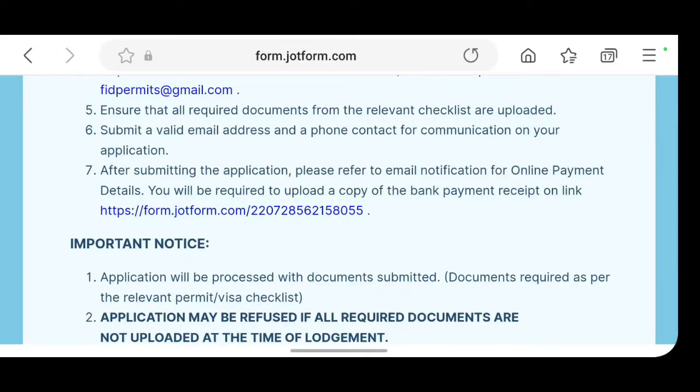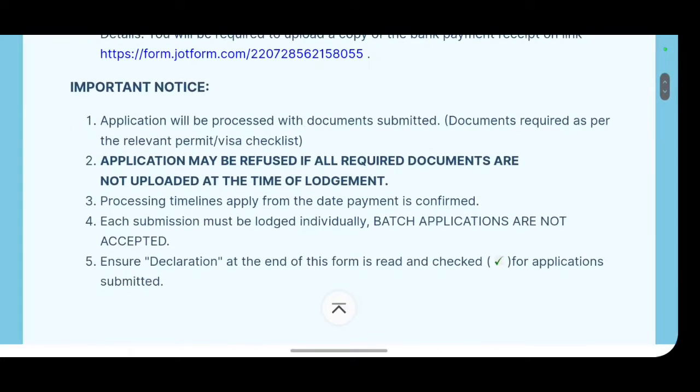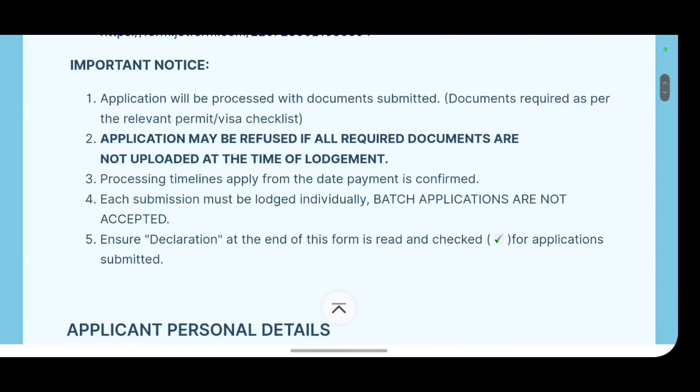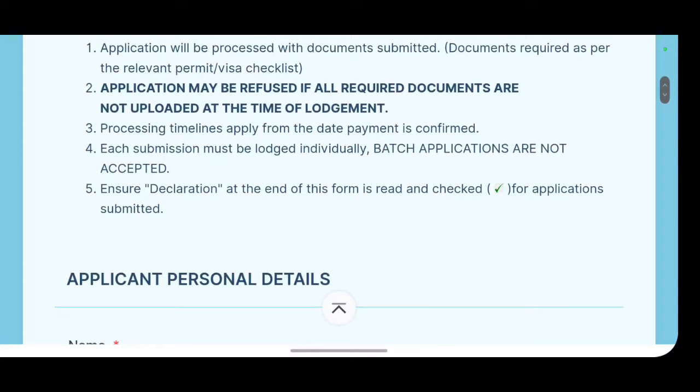You need to pay and then upload that payment receipt on this link. Other instructions are general: if you miss an important document, they are going to refuse it, and only after payment are they going to process it.